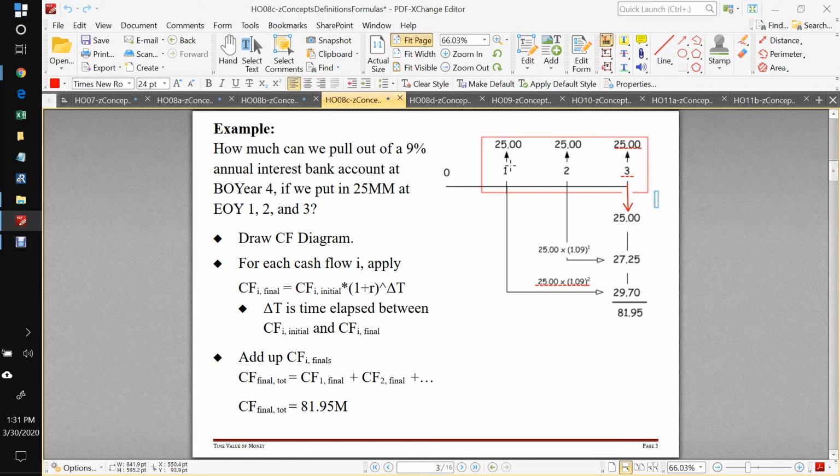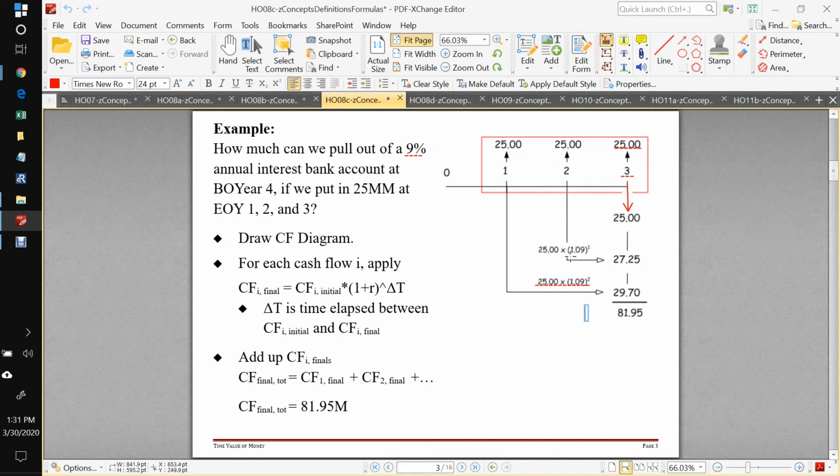This one we get in a year, it has 2 years to grow. So we're just going to use the future value formula. The future value is equal to the present value times 1 plus the interest rate, which we've said in this example is 9%, raised to the amount of time it has to grow, which is 2 years here. 3 minus 1 is 2, or you can just count from here, 1, 2.